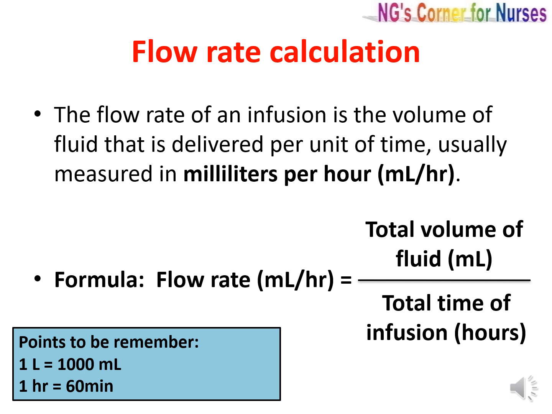So the formula is total volume of fluid in ml divided by total time of infusion in hours. So the unit of the flow rate is milliliter per hour. And the points to be remembered while we are doing this calculation, that 1 liter equals 1000 ml and 1 hour equals 60 minutes.